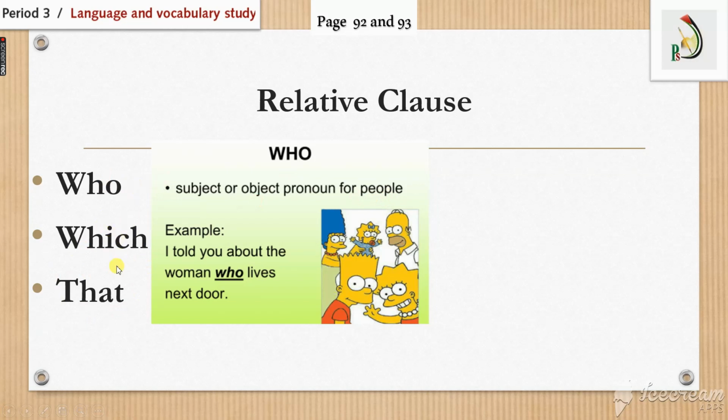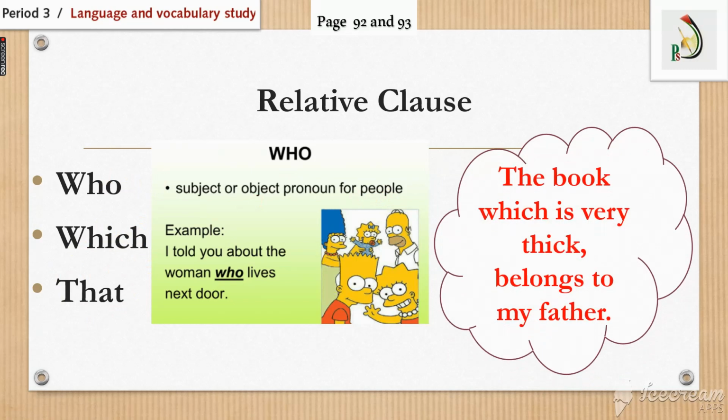Similarly, let's take another example. See, I brought the relative clause in the middle. The main clause is the book belongs to my father. Where is the relative clause? Yes, which is very thick. The book, which is very thick, belongs to my father.